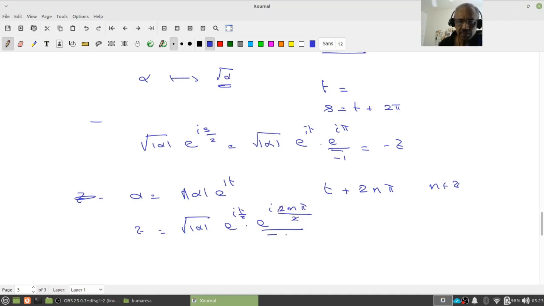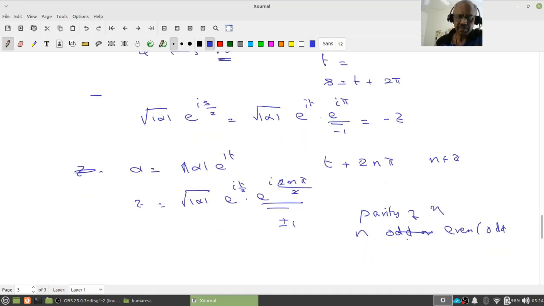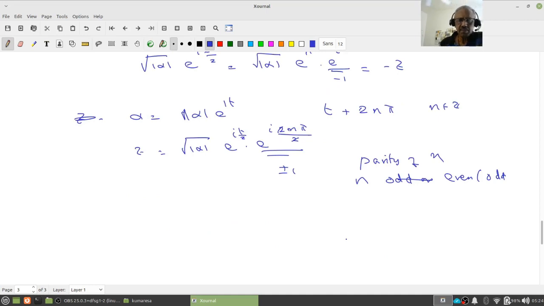This is plus or minus 1 depending upon the parity, that is, depending upon n being odd or even. This is e power i n pi. You see that? So these are the only possible square roots, but now the question is which one I choose.